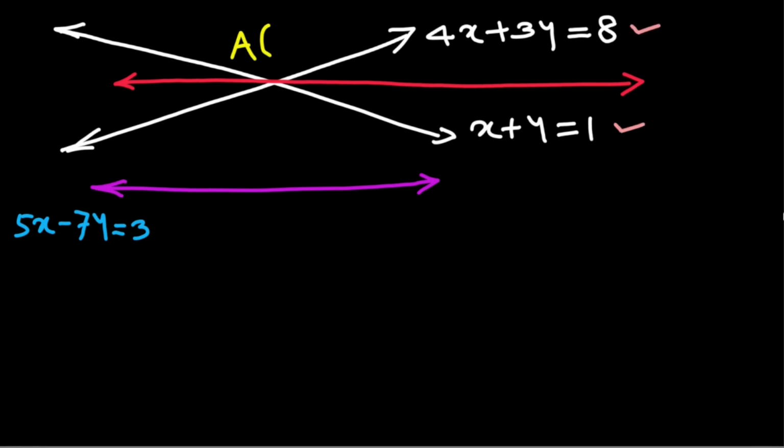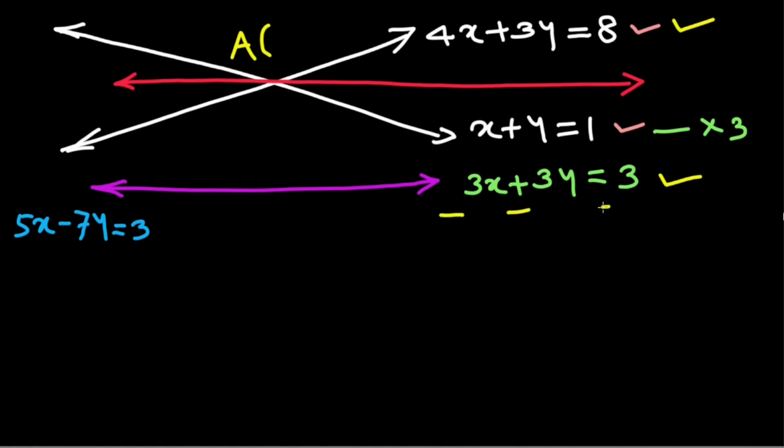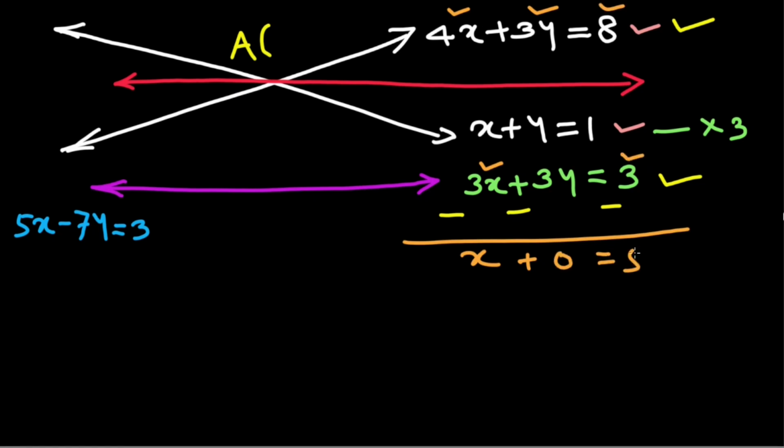We will multiply x plus y equals 1 by 3, which will be 3x plus 3y equals 3. Now we will subtract this equation from this equation. So we will change the signs. 4x minus 3x will be x, 3y minus 3y will be 0 and 8 minus 3 will be 5.